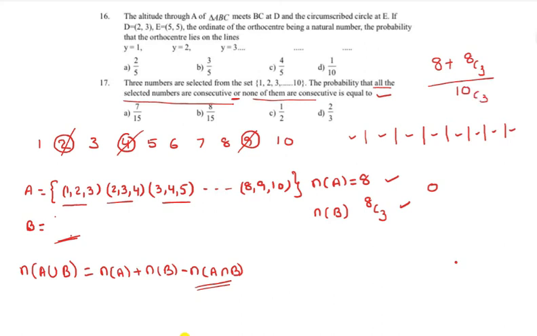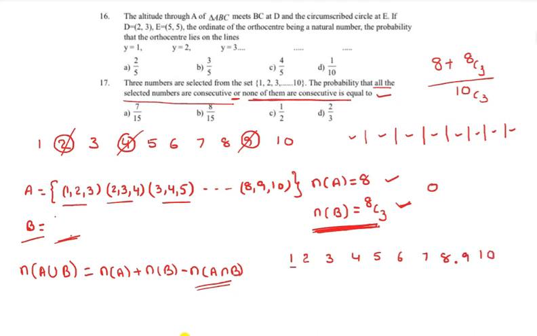The same question we can do in another way also, for finding the number of elements in B. What is B? B denotes none of them consecutive. So observe here what I am doing. 1, 2, 3, 4, 5, 6, 7, 8, 9, 10.